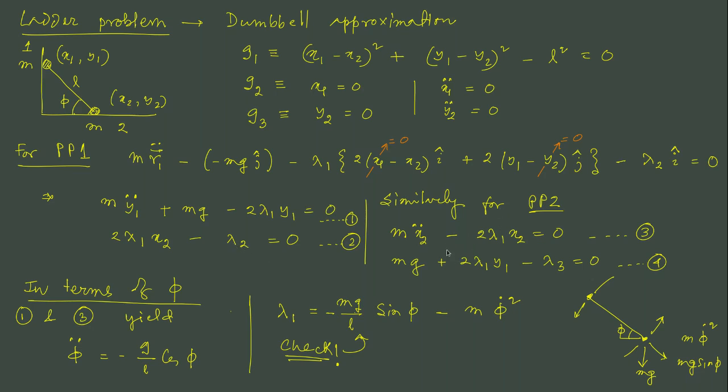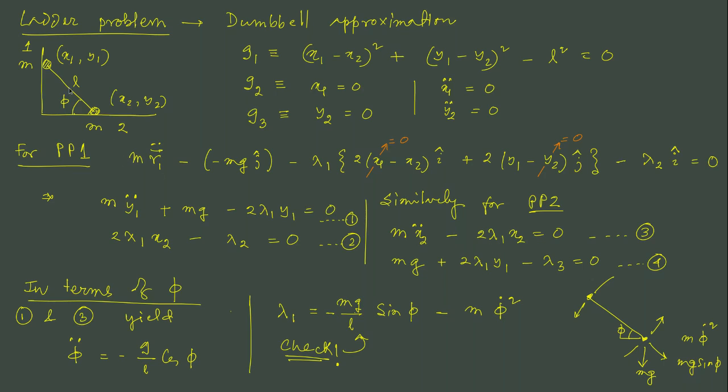For the second point particle, you have a similar set of equations. In the first equation, you see mg is involved, and gravity is playing a role. In the second equation, gravity is not directly included, but of course x2 is connected to y1 through the constraint. So gravity is indirectly coming through lambda 1.